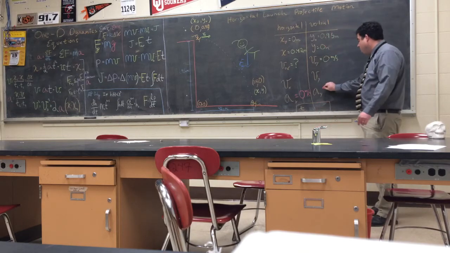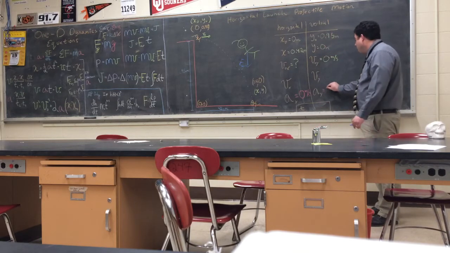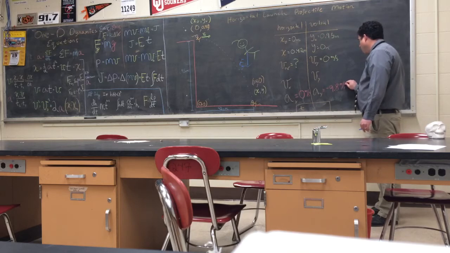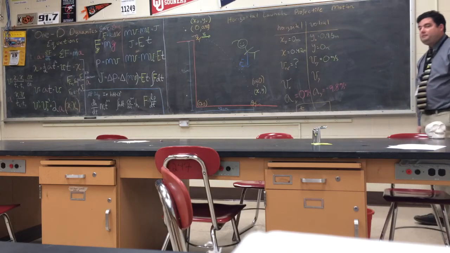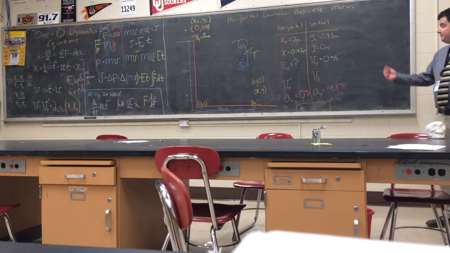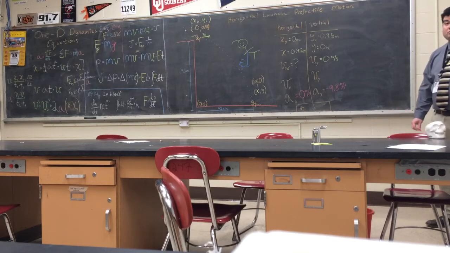And in the y dimension is the acceleration of gravity. All right, so now all we have to do is solve one equation for x, one equation for y, and we'll see if we can figure out how fast this doll was going.